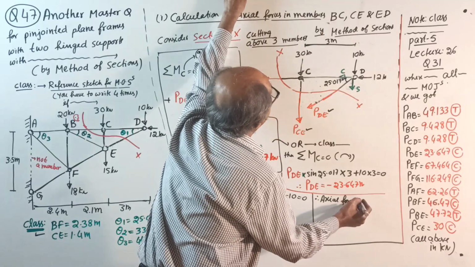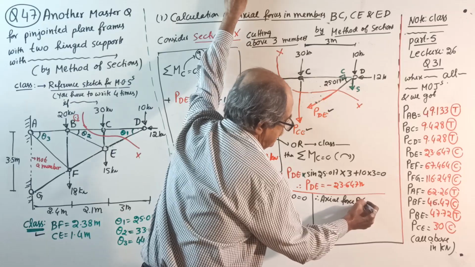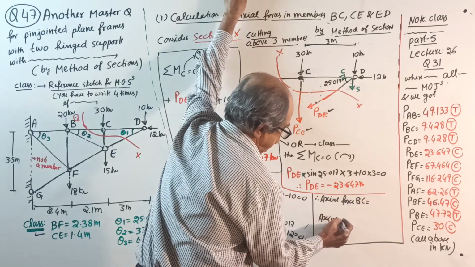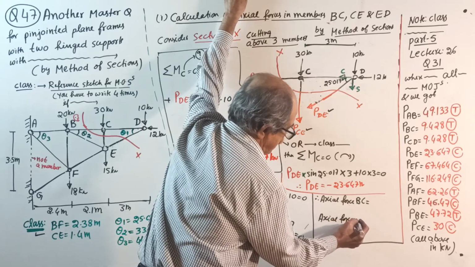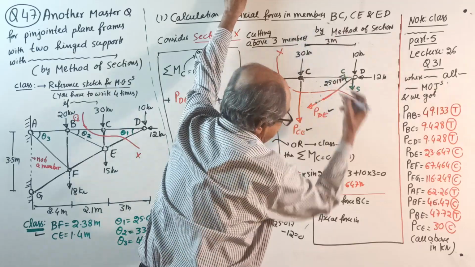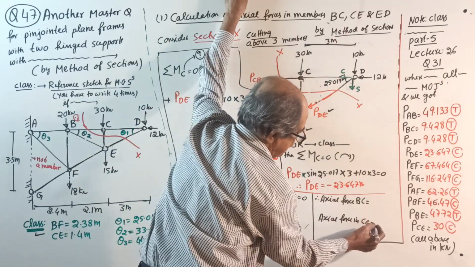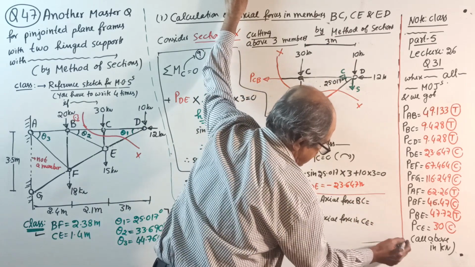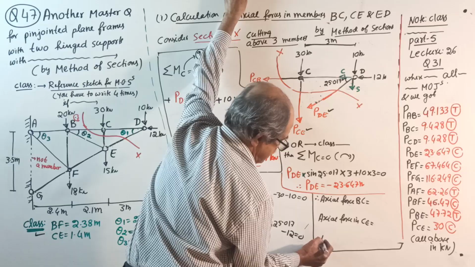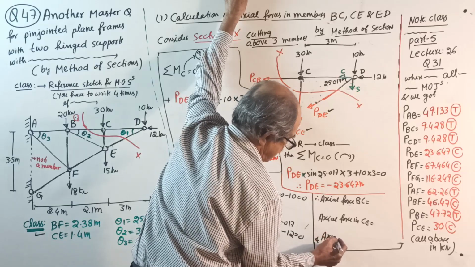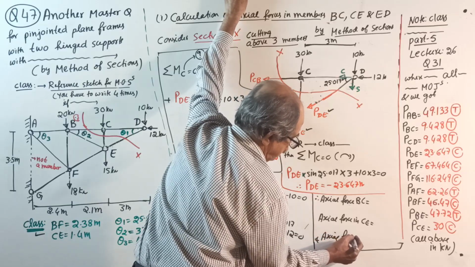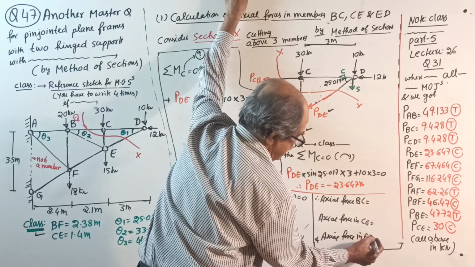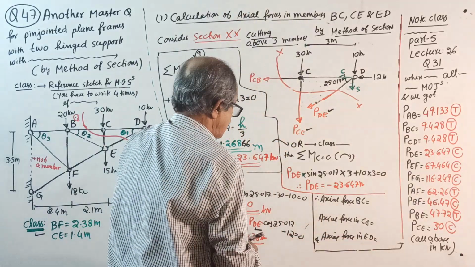Axial force in BC equal to, then axial force in CE. Little more down I can come. Space is there. And lastly, axial force in ED.